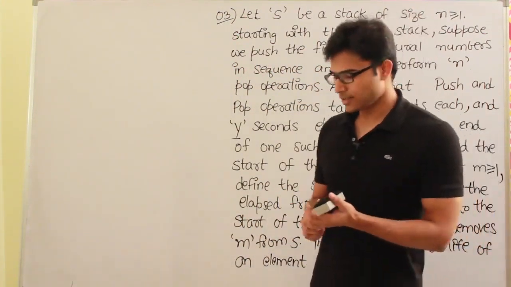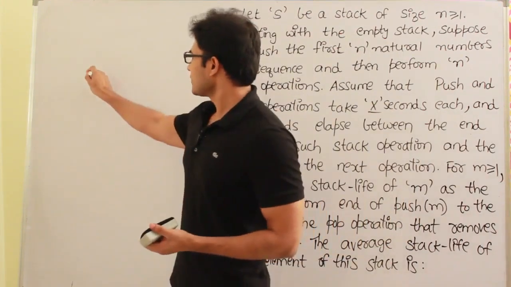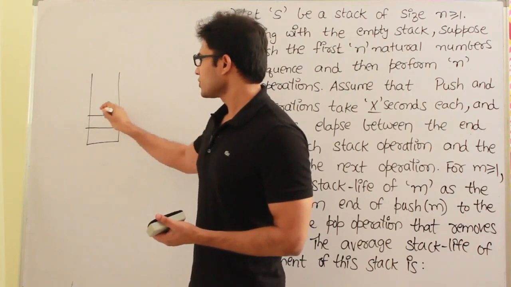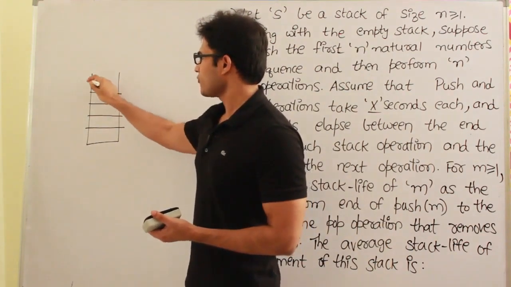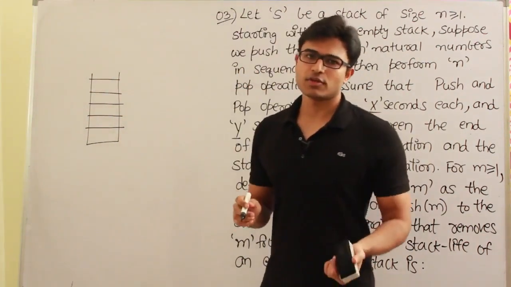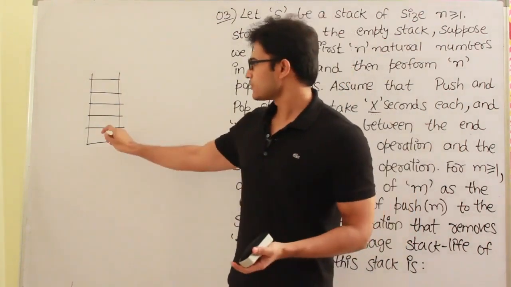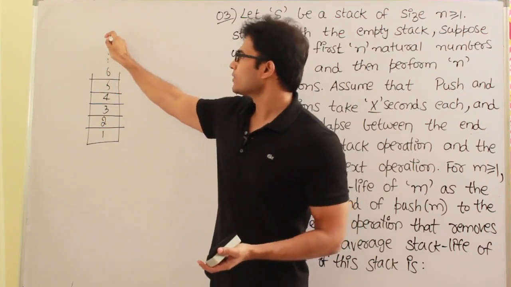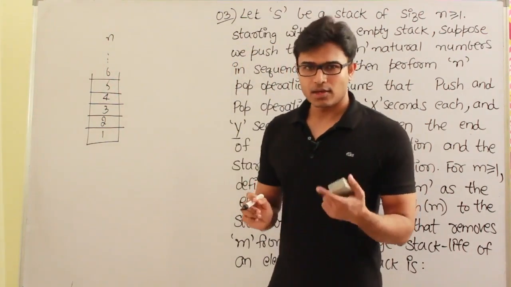See, what they mean to say is like this. There is a stack, and we are going to push the first n natural numbers into this stack, one after the other in this sequence, which means 1, 2, 3, 4, 5, 6, so on to n.